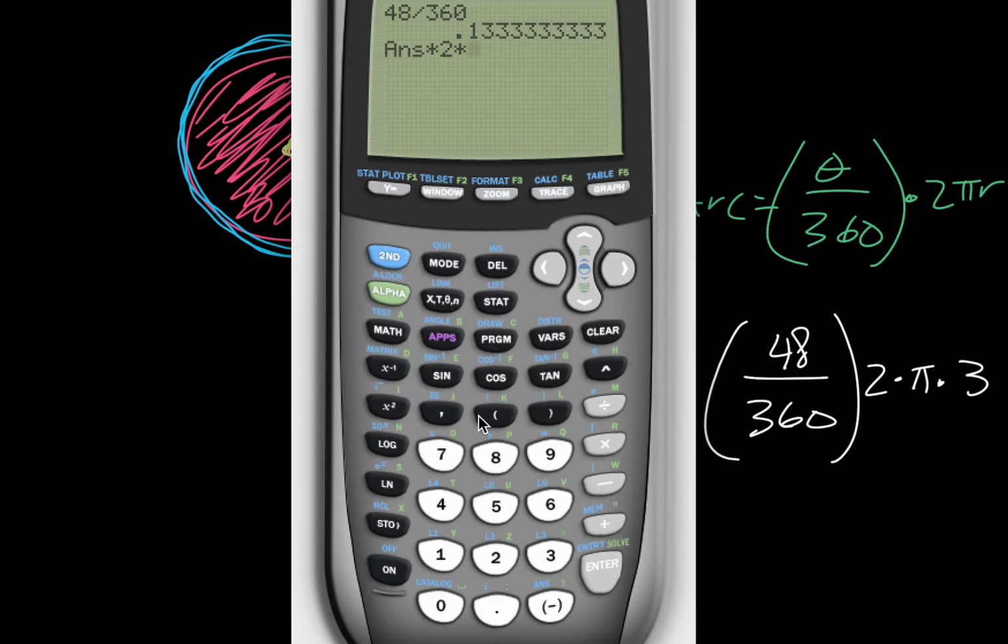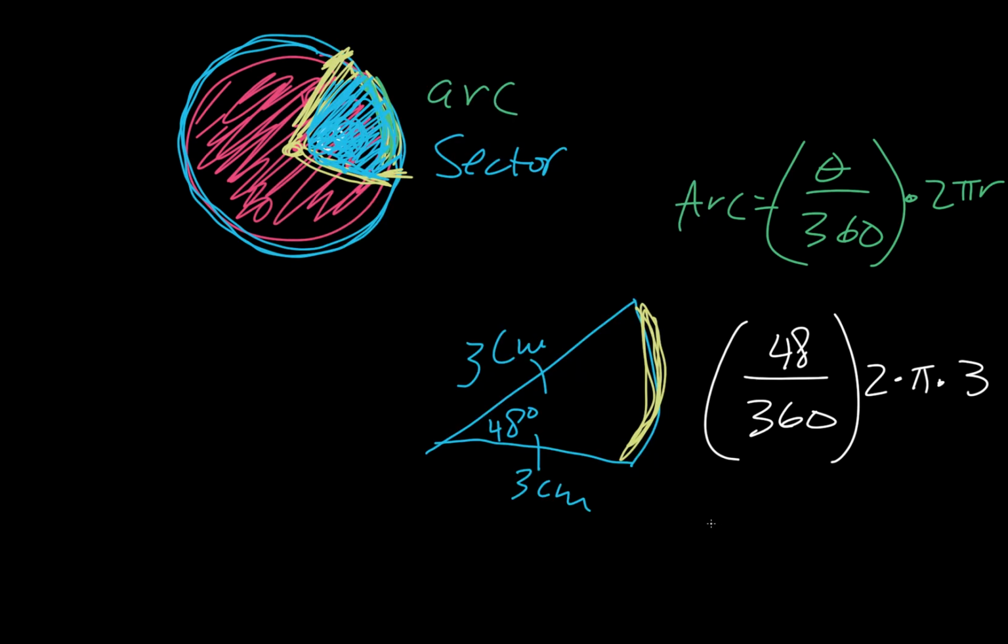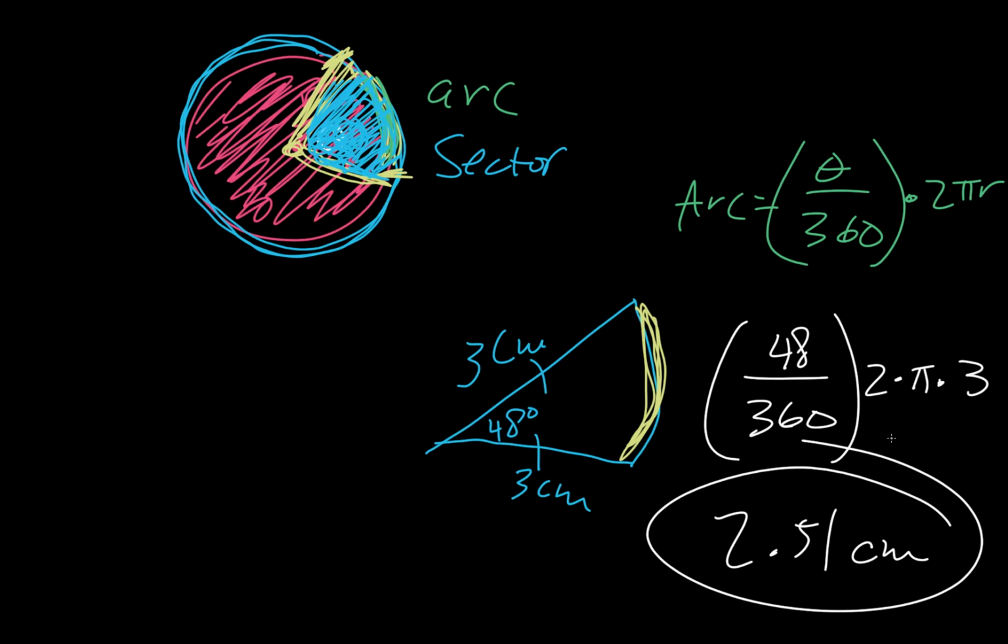Oh, it's right there. Pi. And then times 3. Okay. So we want to write this out to 3 significant figures, so that's going to be 2.51. And since length in this problem was measured in centimeters, the length is 2.51 centimeters.